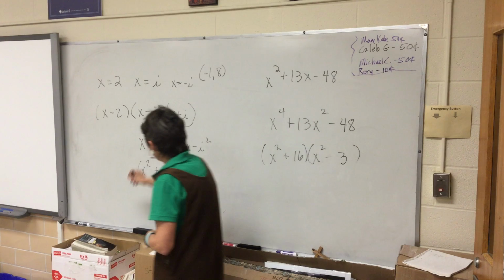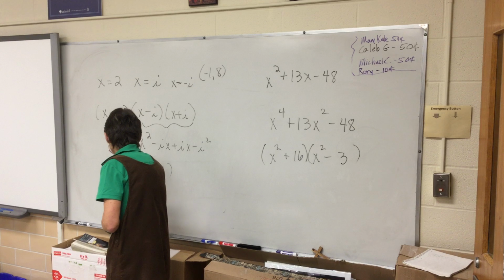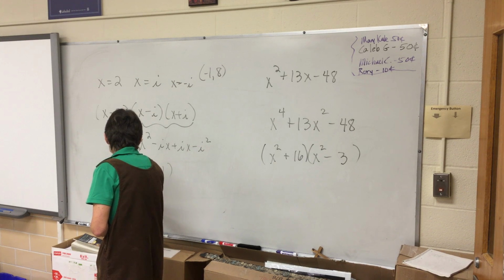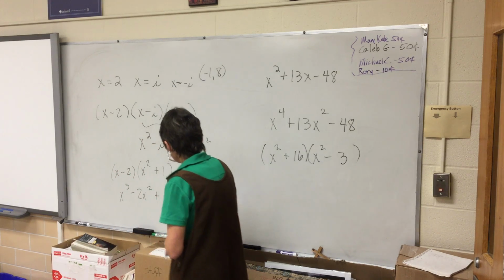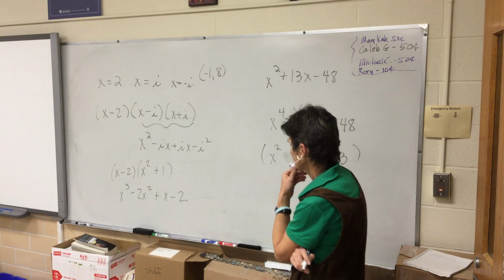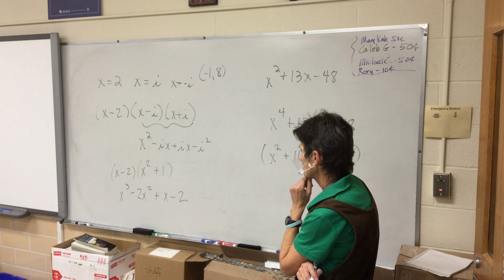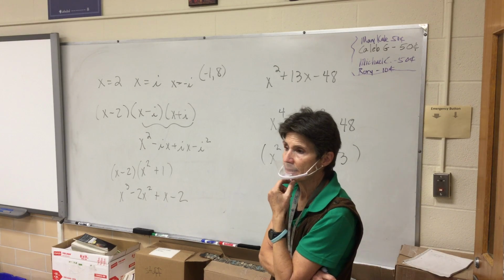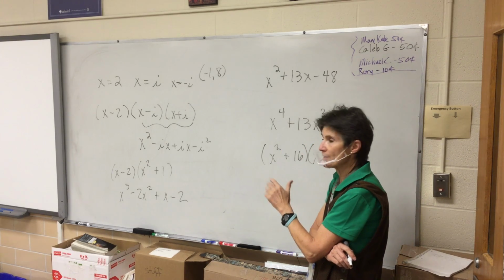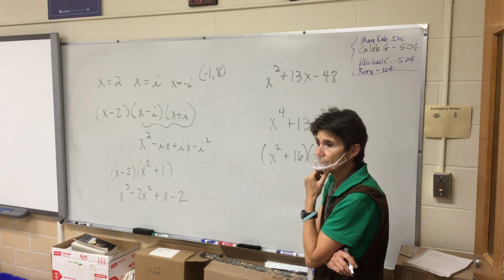And then we'll just FOIL that times this other one. Does that look okay? You want to put it in descending order. So if you're in a little bit different order, that's fine. Just rearrange things. Put it in descending order.